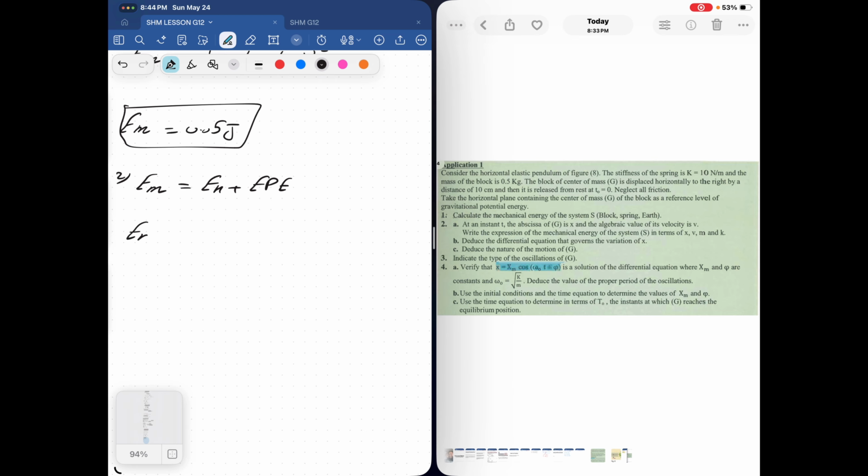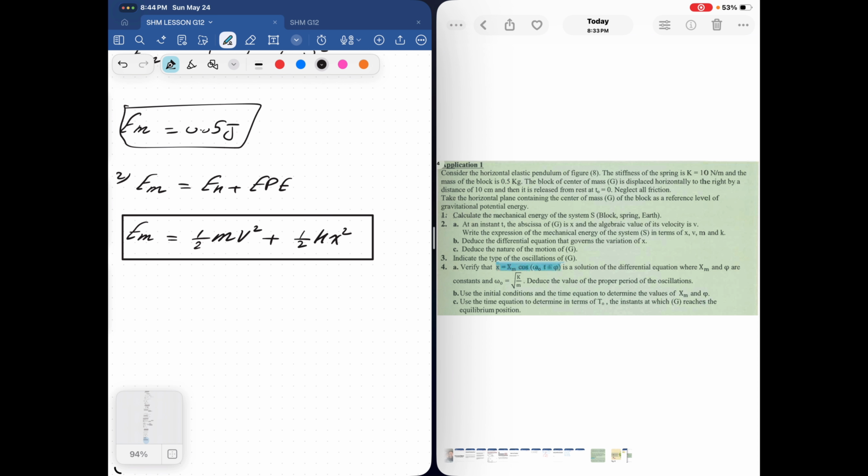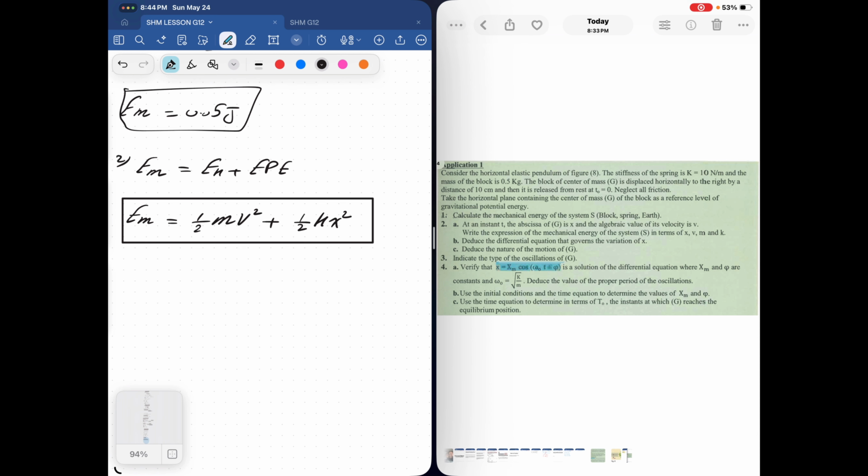And so the mechanical energy of the system is equal to half m v squared plus half k x squared. Since he wanted it to be in terms of x, v, m, and k, here we have x, v, m, and k in the final answer. This is pretty simple. And so this is part A.